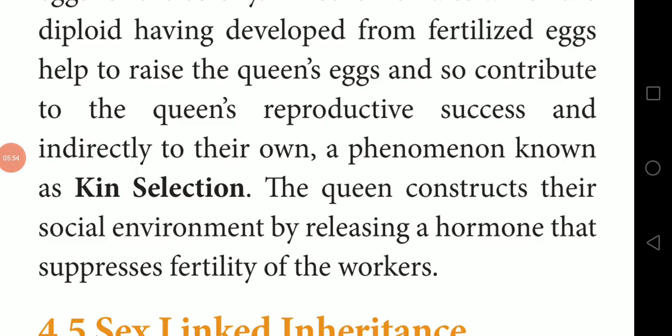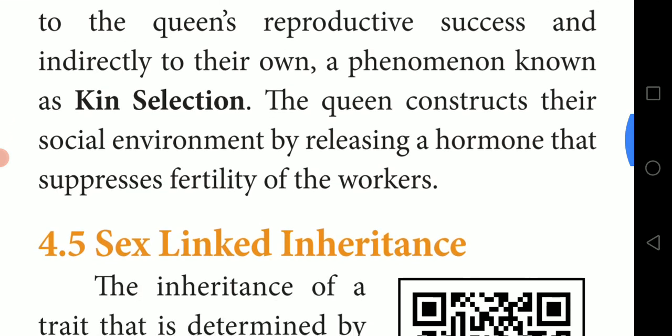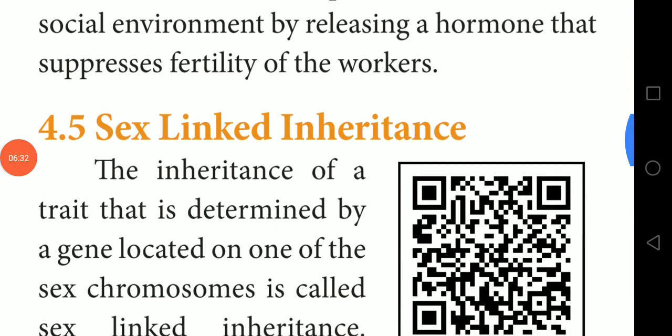If the worker female honeybees eat royal jelly they become a queen, so the queen bee does not allow this, releasing some hormones. Mark it as important for 2 marks: kin selection.